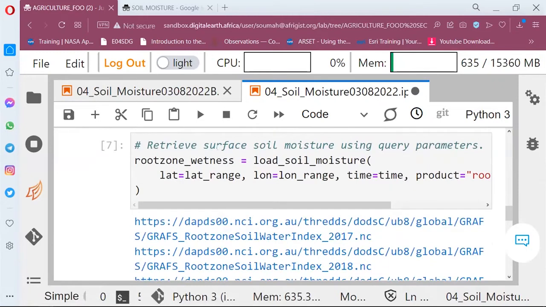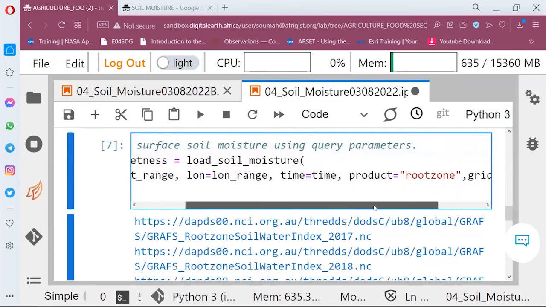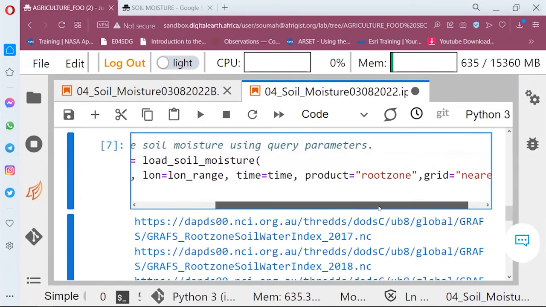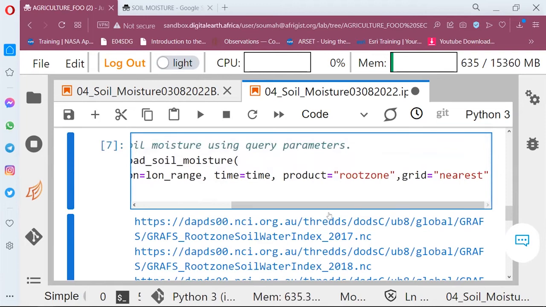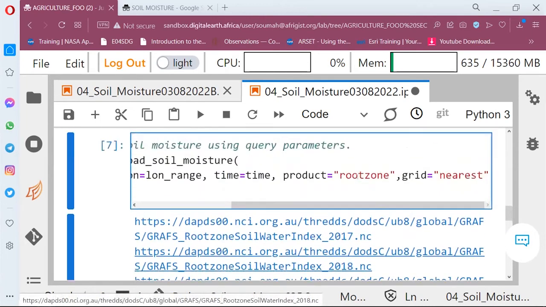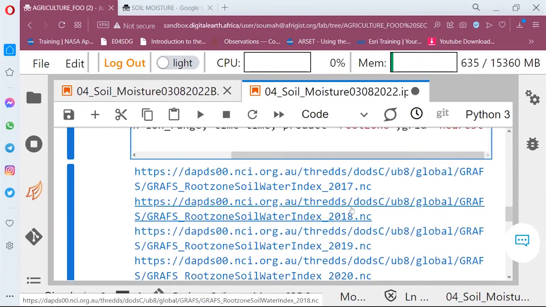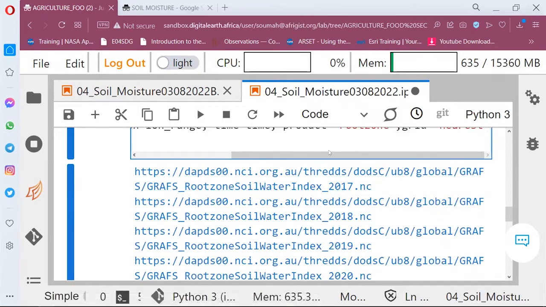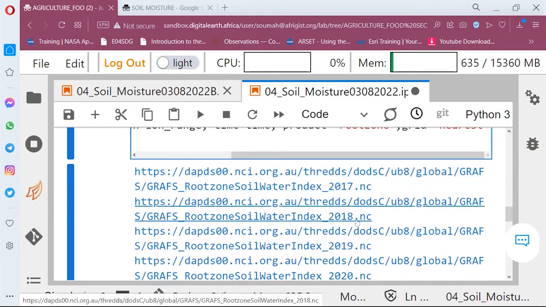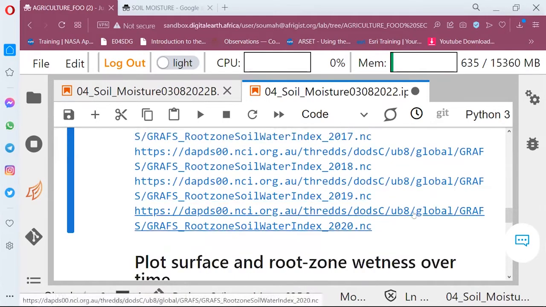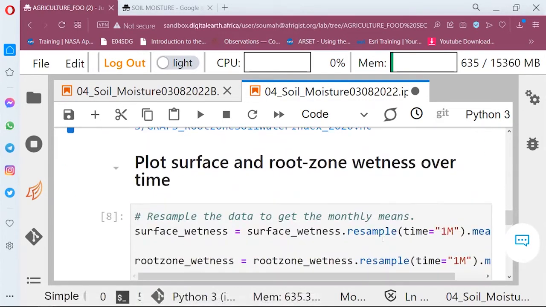Then we retrieve the root zone soil moisture using the query parameters where the product is the root zone and the grid uses nearest. We are interested here in the root zone, and we know that the root zone has been defined between 0 and 1 meter. So we have this variable here for 2017, 2018, 2019, and 2020.